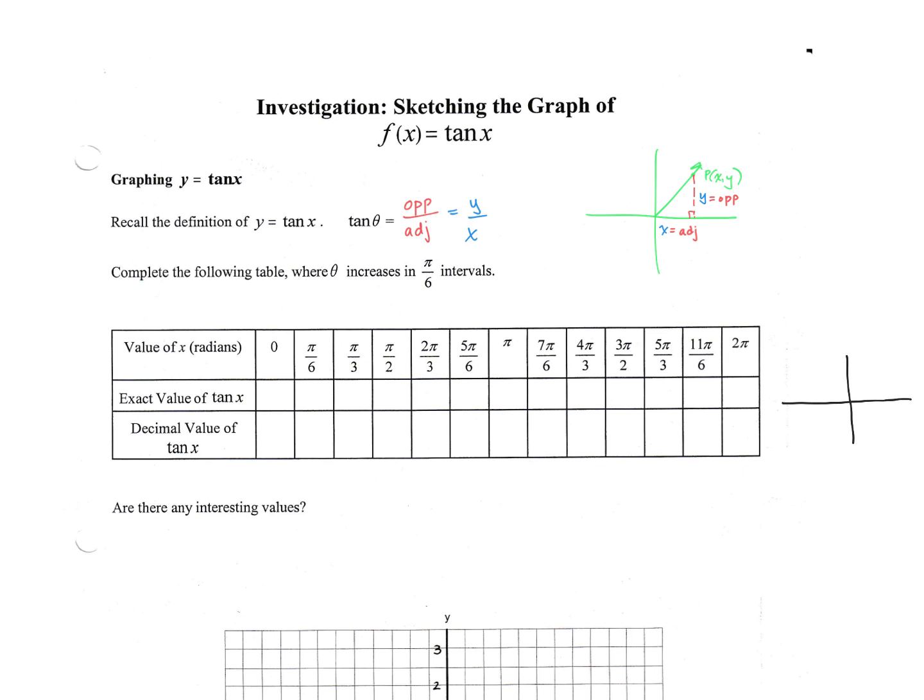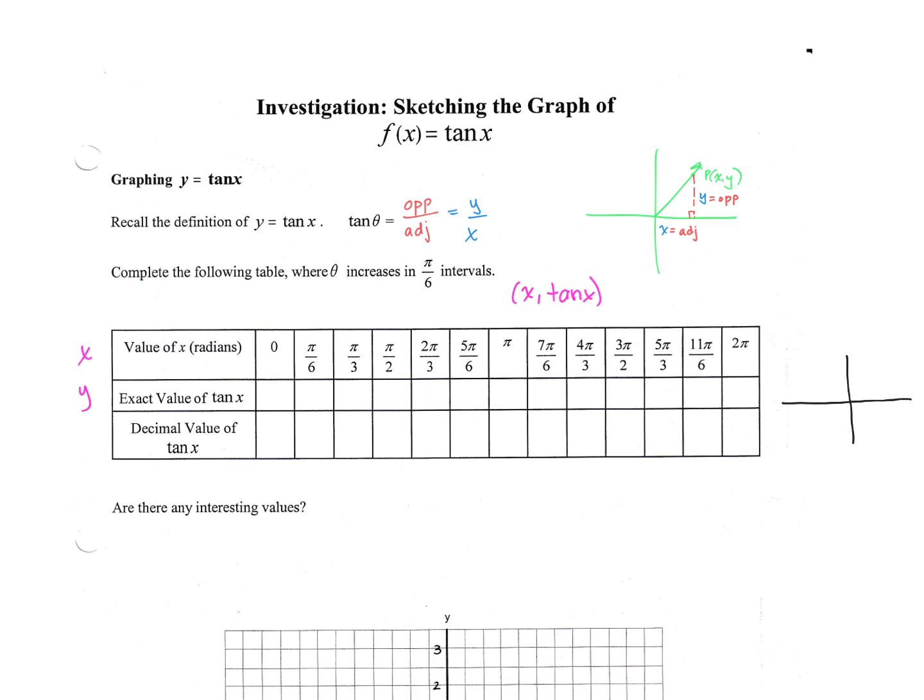I've turned my table of values, so now I'm saying x and tan x. My y value is that value of tan x. So I have my opposite side over my adjacent side, my y over my x.